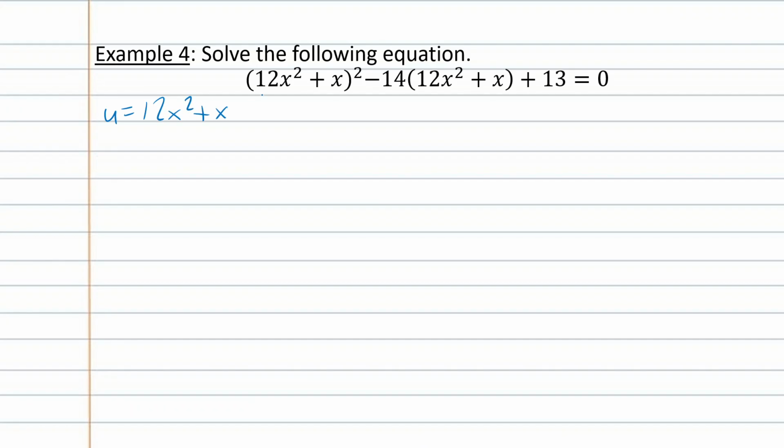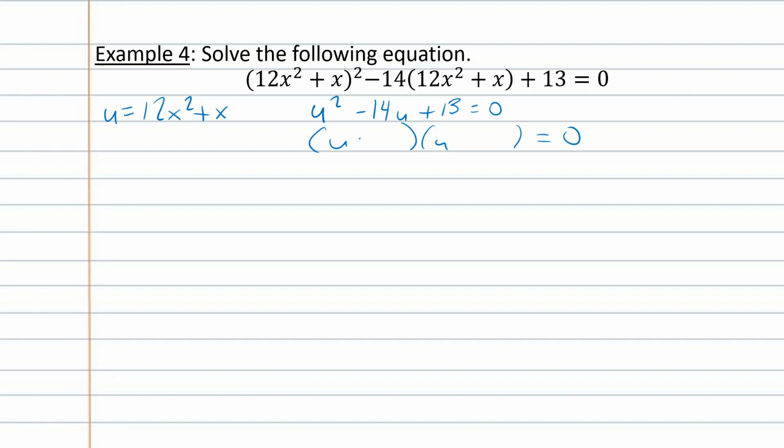My U substitution here is going to be the 12x squared plus x. So that when I do my U sub here, it looks like U squared minus 14U plus 13, equals 0. Now, this is an easily factorable one, which is nice.